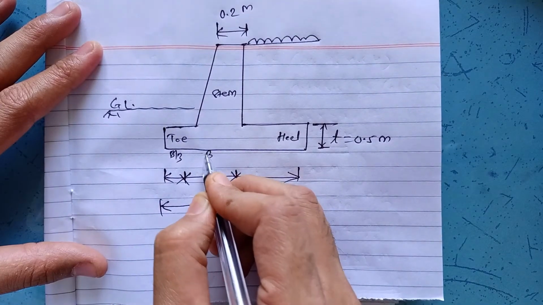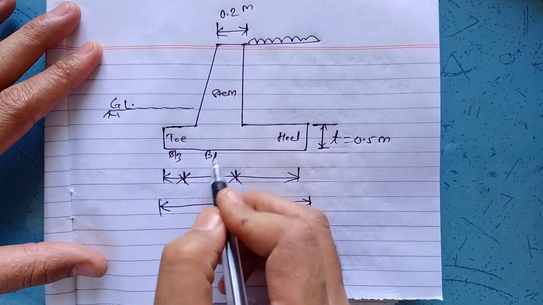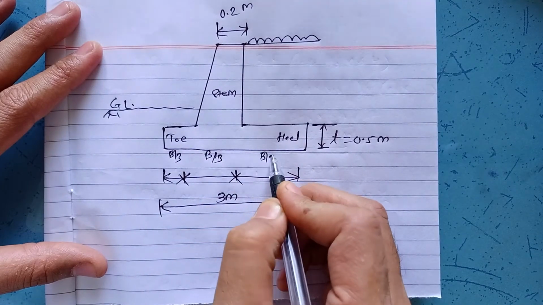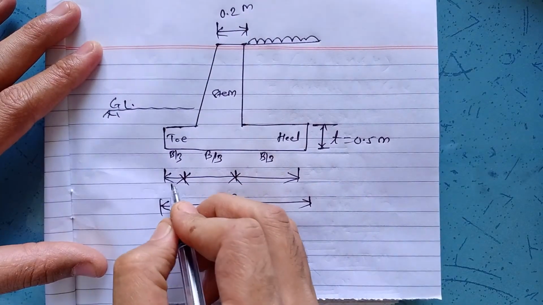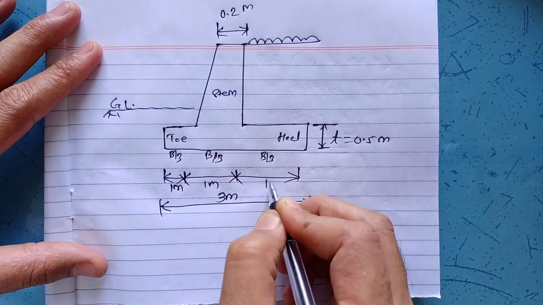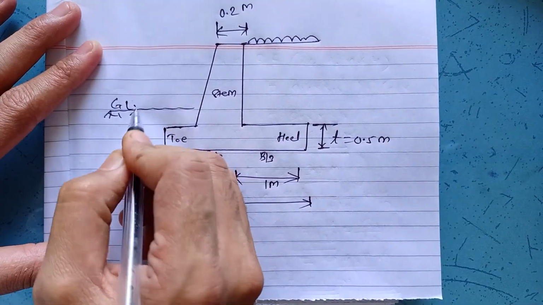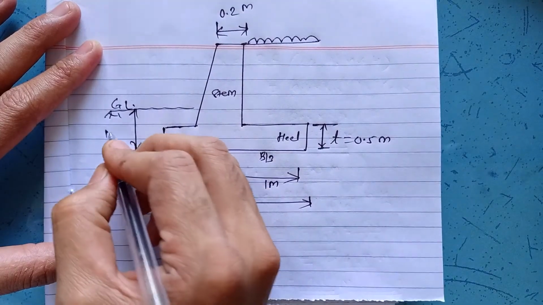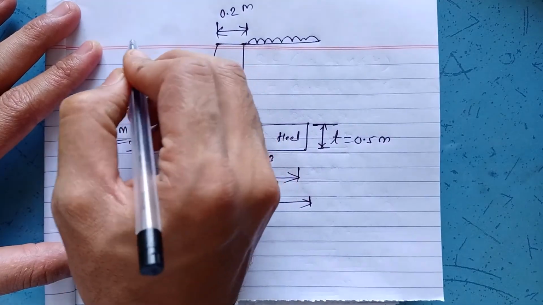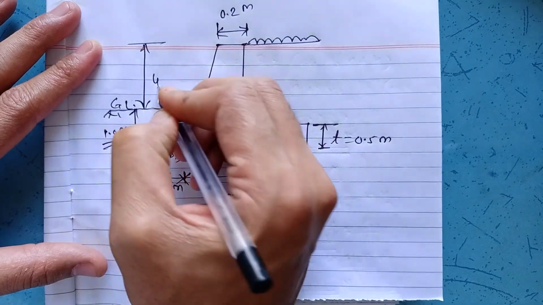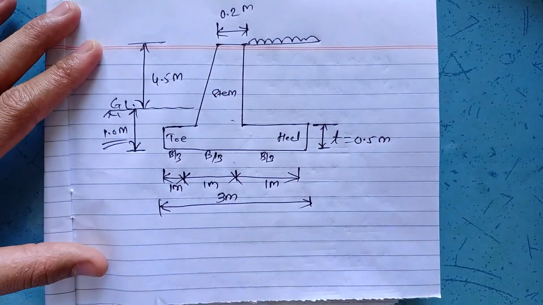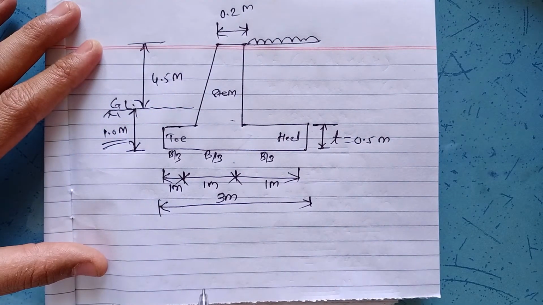Width of the base slab beneath the stem will be B by 3, and remaining width of the heel will be B by 3. Hence say 1 meter, 1 meter and 1 meter. Then depth of foundation below the ground level we have calculated as 1 meter, and in the question it was given as height of the retaining wall up to ground level is 4.5 meters.